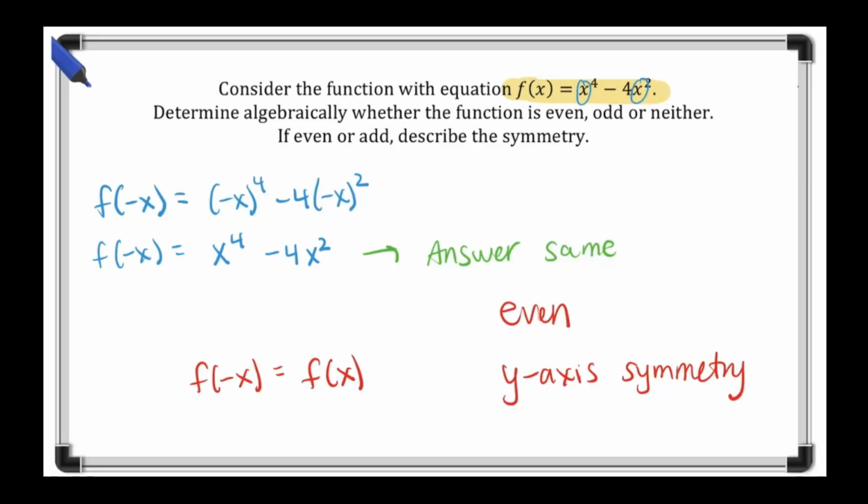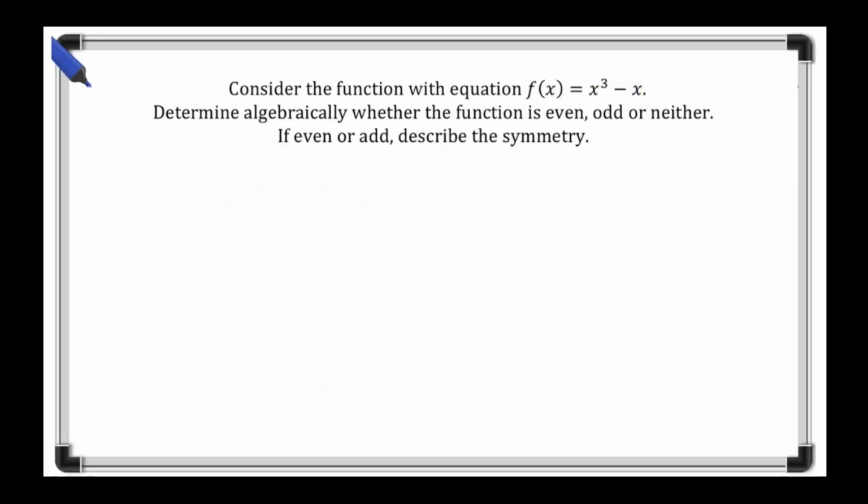All right, let's look at another example together. Here we have another function, same idea. Let's check first: is this function even? We always do that even test first. So we've got f of negative x. We're going to take each of these x's and replace them. So we get negative x to the 3rd power minus another negative x.